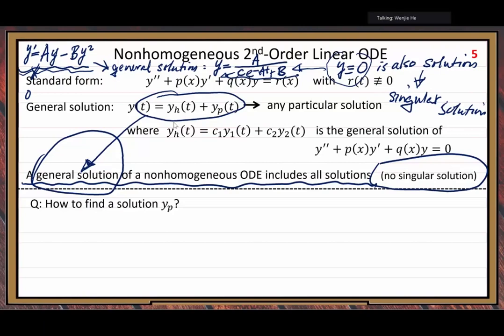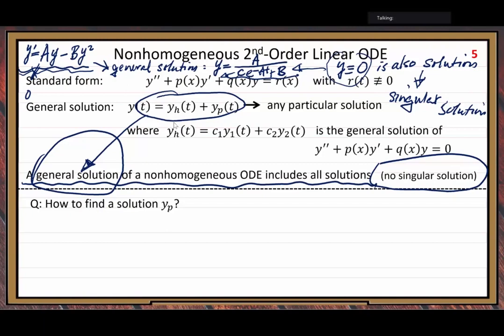That general solution covers all solutions of this ODE. It does not miss any solution. If this kind of general solution covers all the possible solutions, that means there is no singular solution, because if there were a singular solution, the general solution could not cover it, by the definition of singular solution.